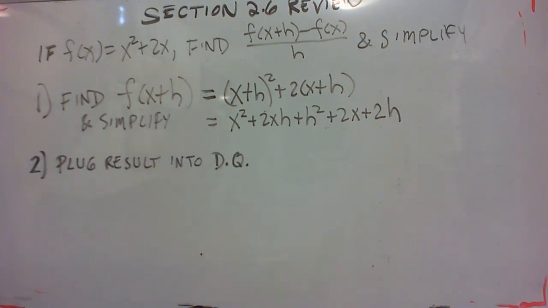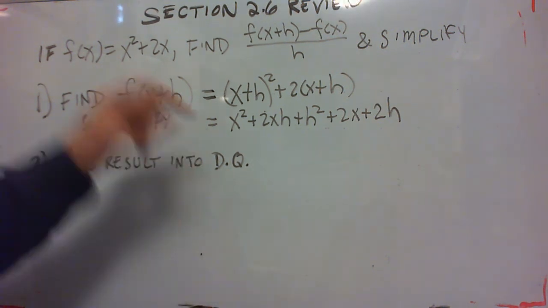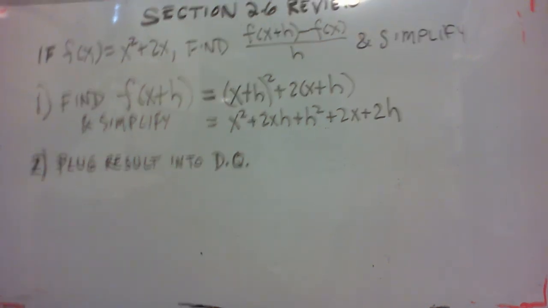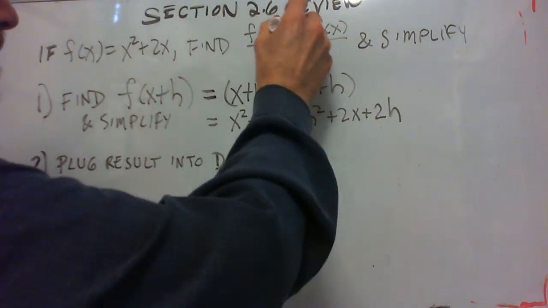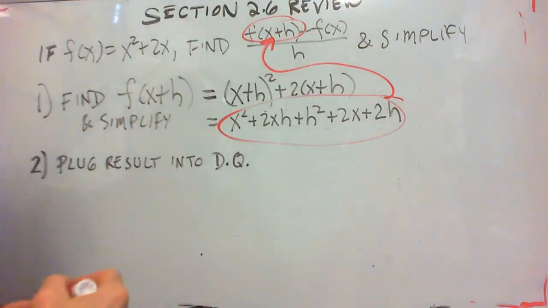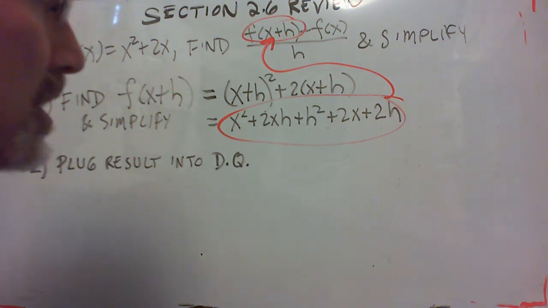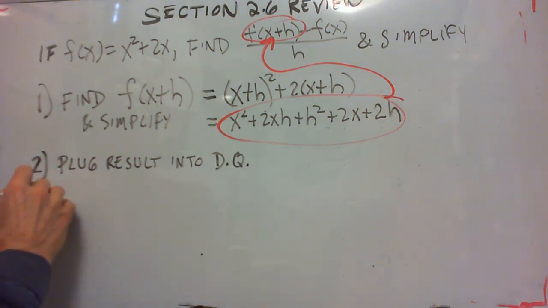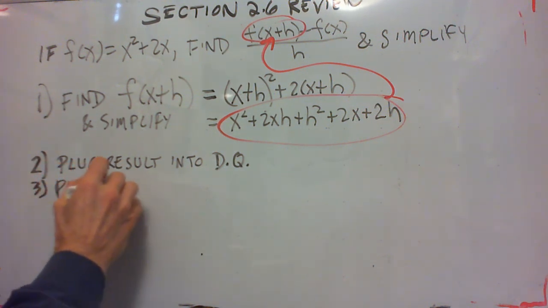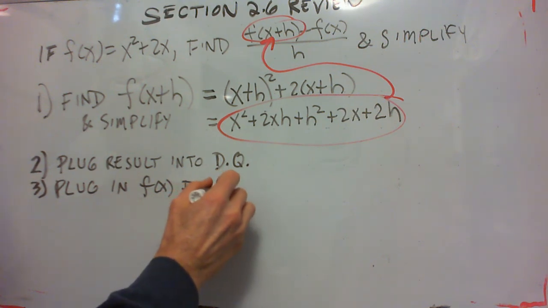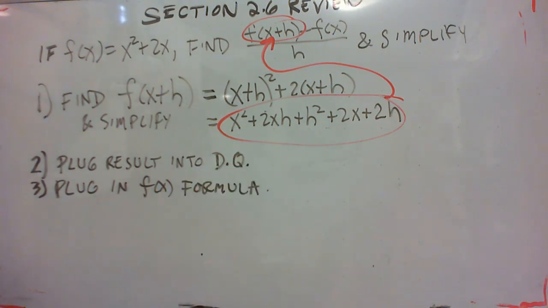So your next step is to plug the result into the difference quotient. I just abbreviated DQ. That's not Dairy Queen. That's difference quotient. So you're going to plug what you got in right up here. So take this result, plug it in. Then you're also going to plug the f of x formula into that difference quotient.